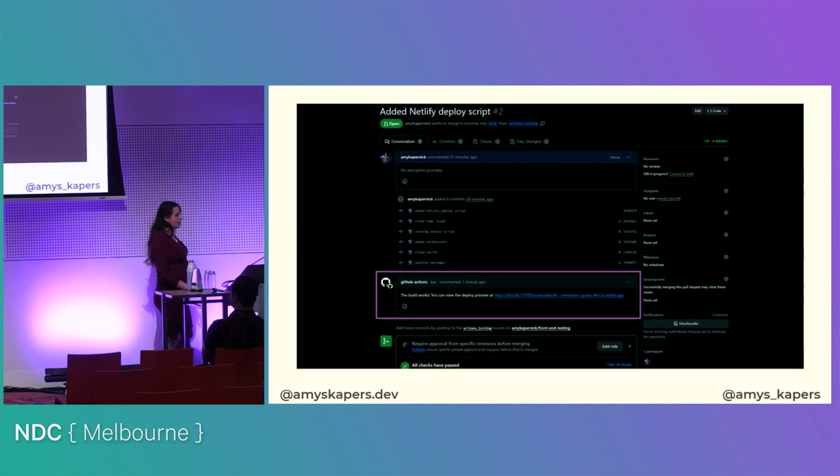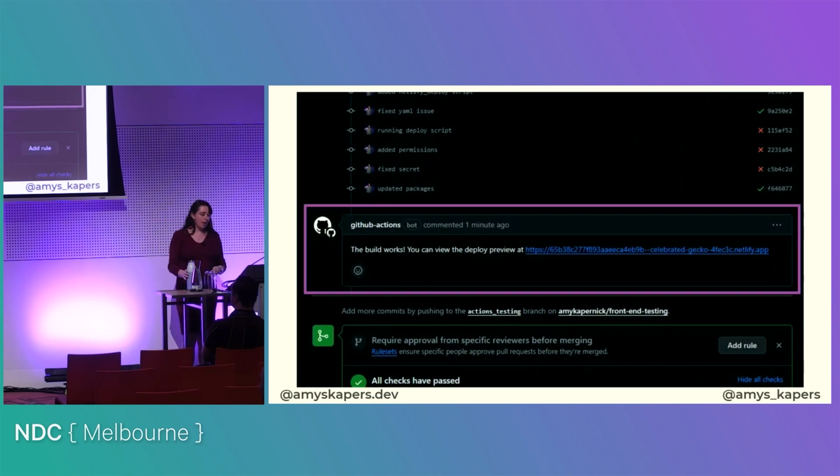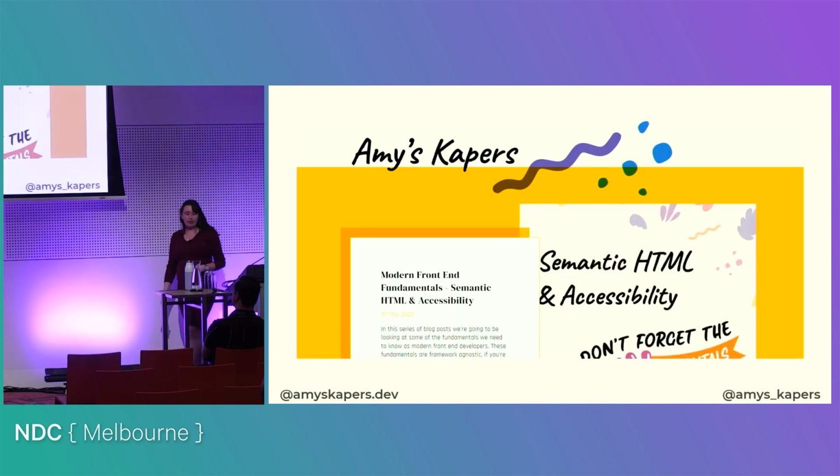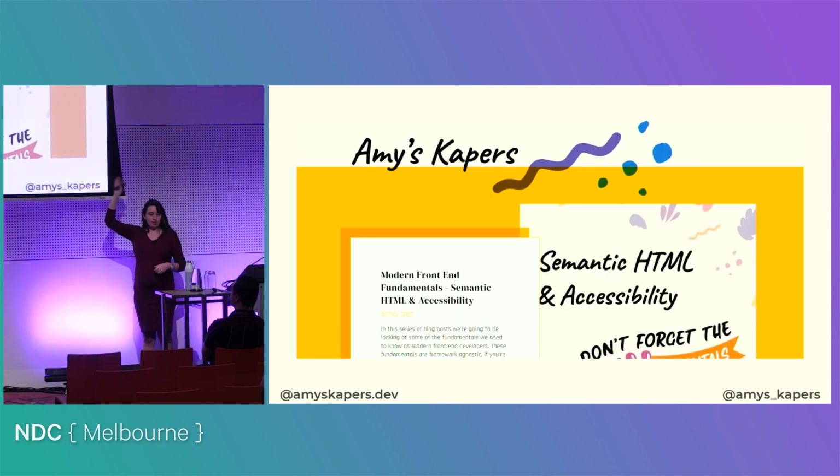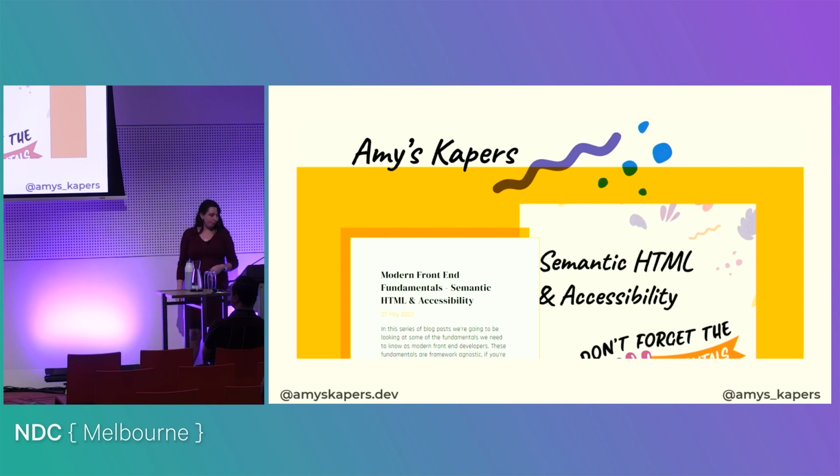Then, once it does, I can run my action again, and it will give me a URL of a live website. So I'm able to go through and see this and make sure that that's all working because it adds a comment to my PR. And here is my live website that I can go through and test.